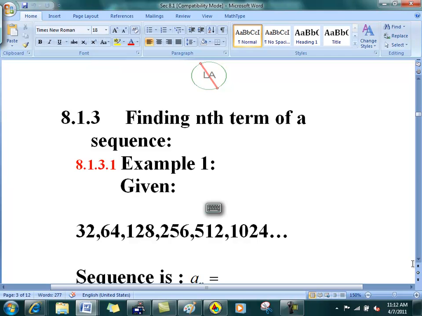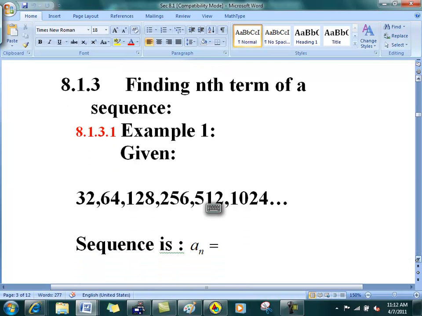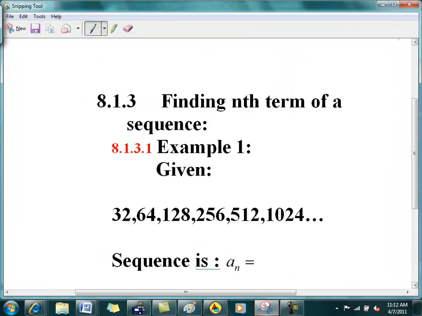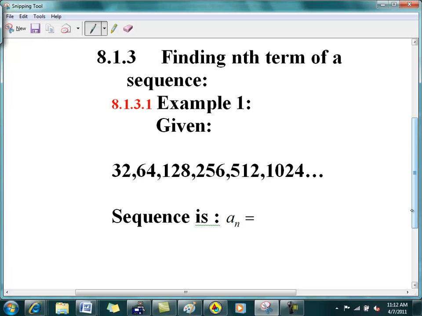Okay, so on this one here, I want you to develop the functional form for this sequence. This is a little tricky, so I might have to give you some prompts on it. The first thing you want to do in finding the equation for a sequence is put down the values of n. So n is 1 here, it's 2 there. I will also give you a hint that it is 2 to the something.